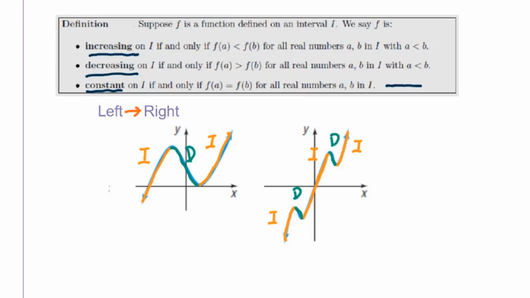When you analyze a given graph, you need to figure out which part of the graph is going up or going down, so you can decide which part is increasing and decreasing. Then you need to figure out the domain of each part.